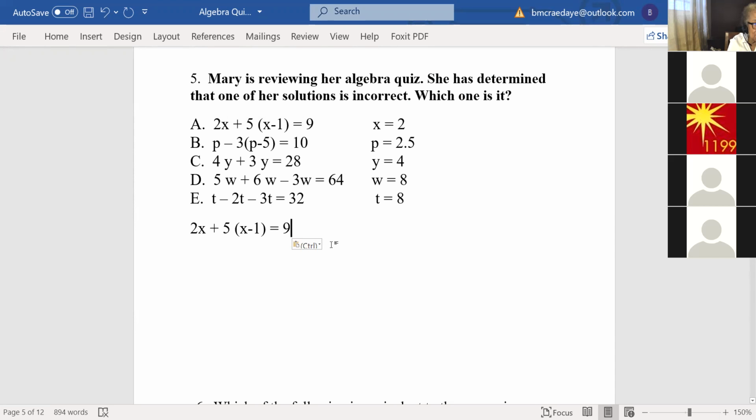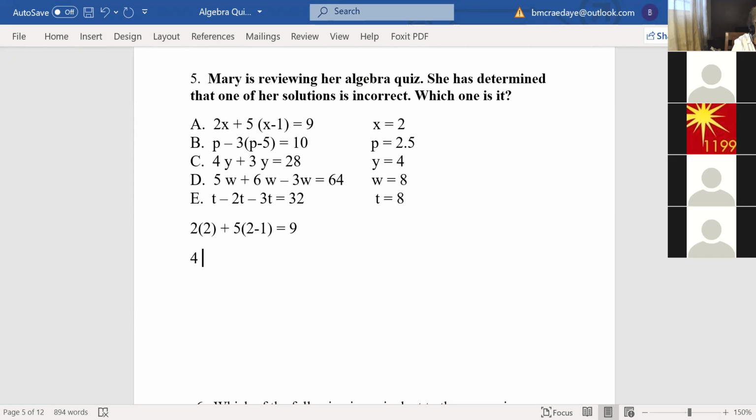So if you do this one, let's put the 2. She said a 2, right? So wherever we have x, we want to put a 2. Okay, so we have 2 times 2 plus 5 times 2 minus 1. Now, what's 2 times 2? 4. What's 2 minus 1? 1. And what's 5 times 1? 5.